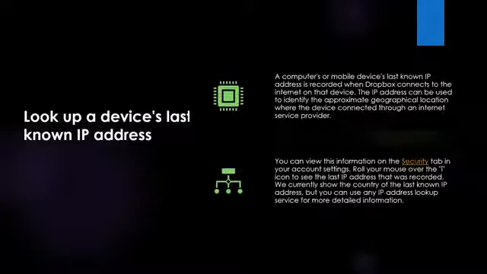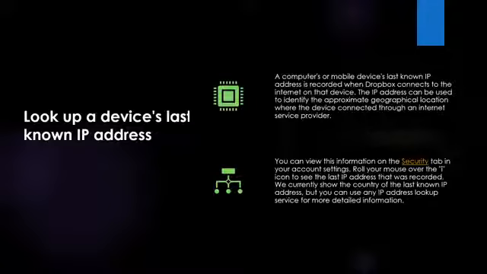Look up a device's last known IP address. A computer or mobile device's last known IP address is recorded when Dropbox connects to the internet on that device. The IP address can be used to identify the approximate geographical location where the device connected through an internet service provider.